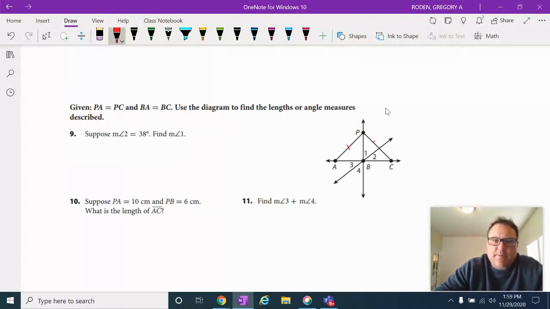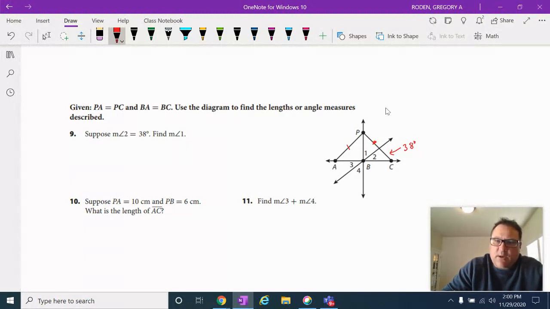Use the diagram to find the lengths or angle measures described. The measure of angle 2 equals 38 degrees. So we know that this angle right here is 38 degrees. What's the measure of angle 1? Well, if we know that PC and PA are congruent, we know it's on a perpendicular bisector.